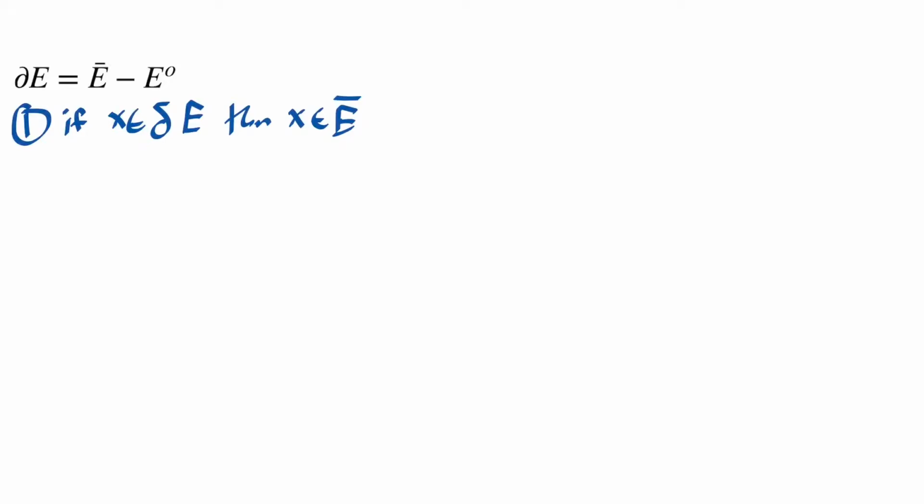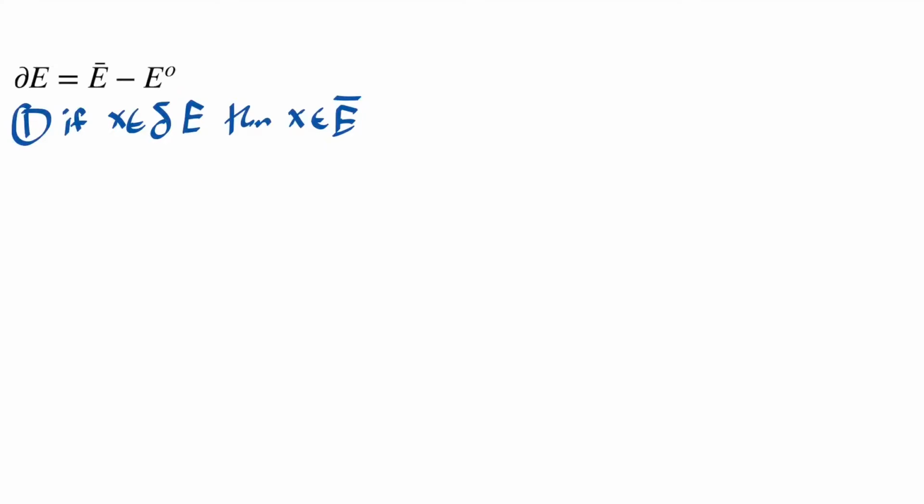I'm not going to do every little piece. I guess technically we should show that the boundary of E is a subset of this, and that that's a subset of that, but I'm just going to show the boundary of E has to be a subset of E closure and has nothing in common with E interior. And I think this will convince us of the proof.